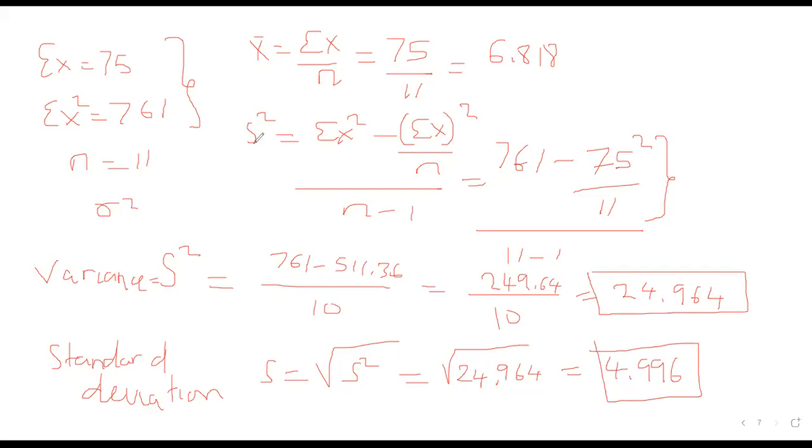So here is just an issue of understanding the formulas. Sometimes they're given to you, sometimes you need to know them. Summation of x squared minus summation of x all squared over n, over n minus 1. You just need to understand where to place what. 761 minus 75 squared over 11, over 11 minus 1. When you evaluate this, you get the variance, and when you square root it, it is called the standard deviation.